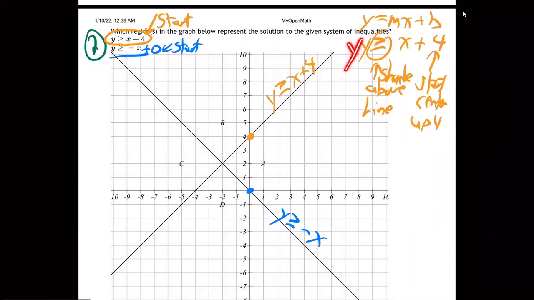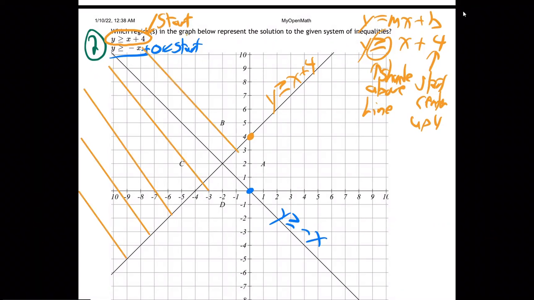If y is on the wide side of the symbol, that means y is greater, so the shading is above the line. So I'm going to shade above this line, everywhere above that line.